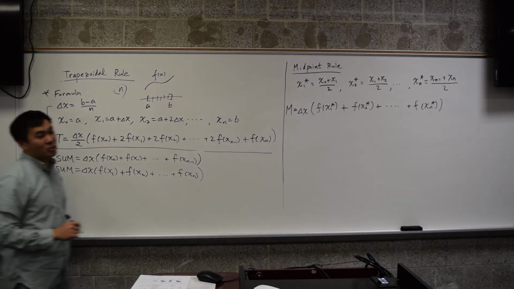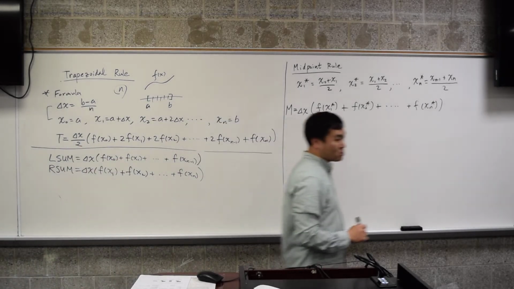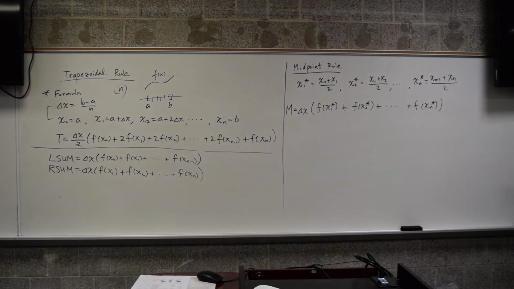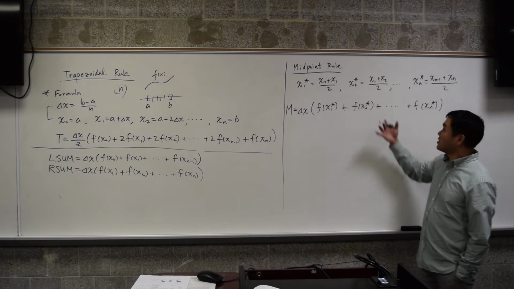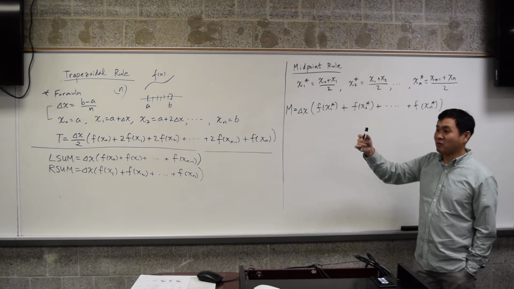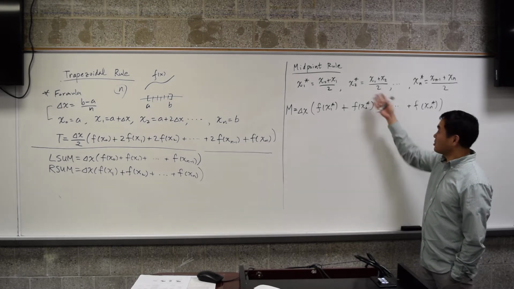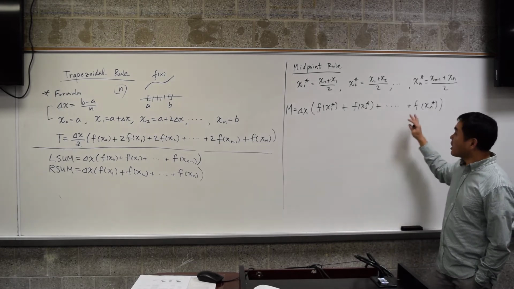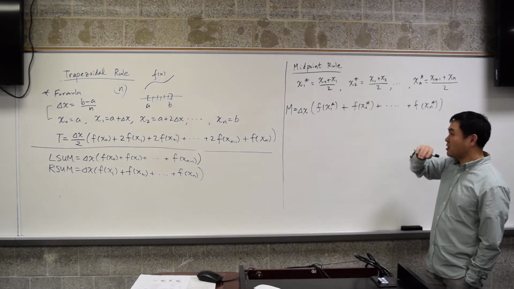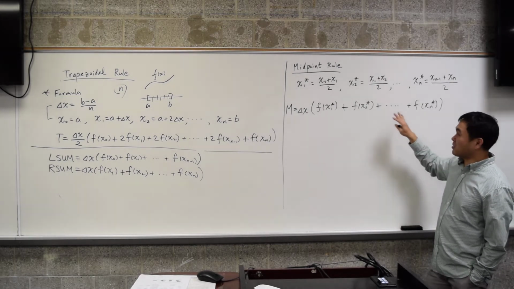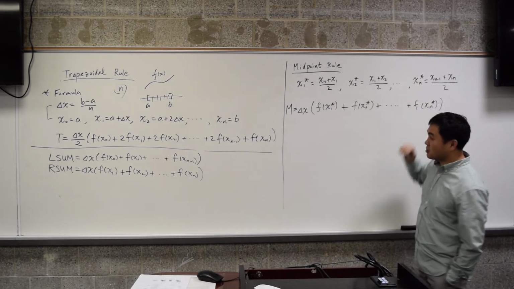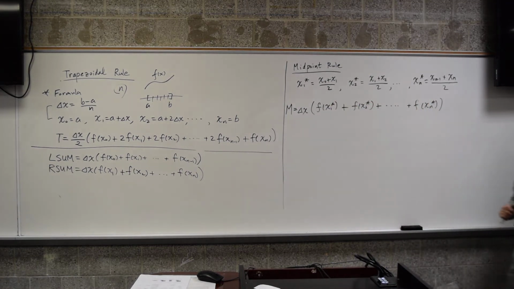It's quite annoying, to be honest, to actually calculate this. It's easy to say midpoint. What's a midpoint? You just take the average of the two endpoints. But the actual amount of calculation you have to do to get a midpoint approximation is a lot, because calculating these is quite annoying.